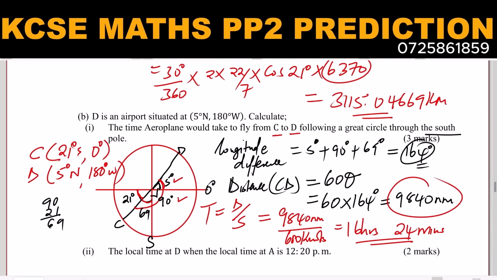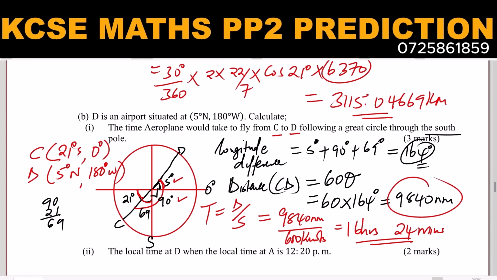So the first thing that you need to do is to get the longitude difference between the two places. You can see they are lying on the same side. So the longitude difference will be given by, you take 180, subtract 30 degrees. Both of them are to the west. You get the longitude difference to be 150 degrees. Then from there, you know that for every 1 degree, there's always a difference of 4 minutes.